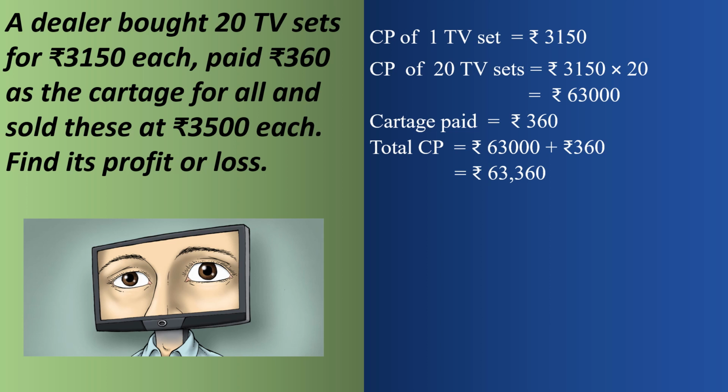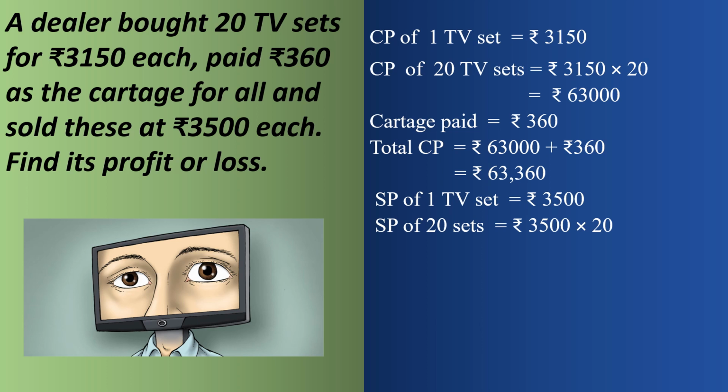Now just see what the selling price is. Selling price of one TV set equals rupees 3500. So what is the selling price of 20 sets? 3500 multiplied by 20, it means rupees 70,000. Now just observe, total cost price equals rupees 63,360 and total selling price equals 70,000.